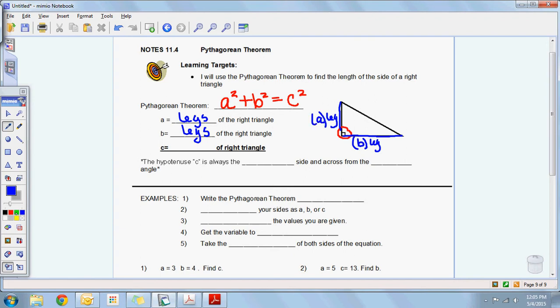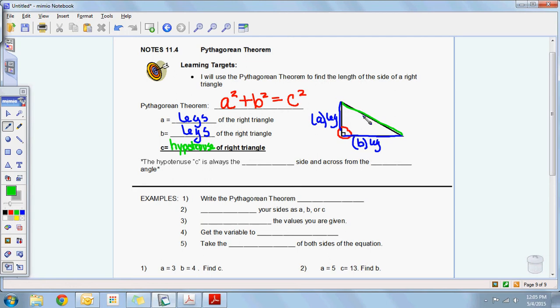The one that makes a huge difference is C, and C is the hypotenuse of your right triangle. It always reminds me of hippopotamus. So hippopotamuses are large, so the hypotenuse of a right triangle is always the longest side. Sometimes it's hard to tell which one's the longest just by looking at it.